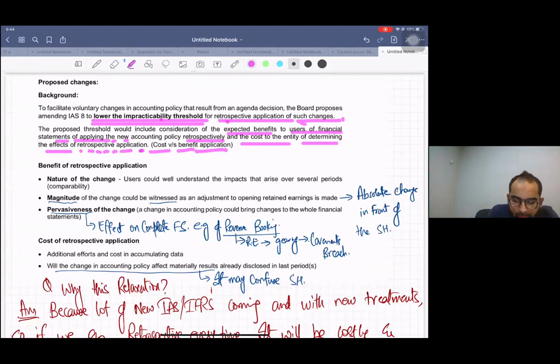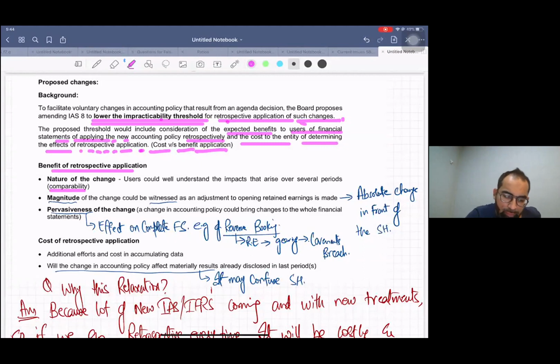The first benefit of retrospective application is obviously comparability. In short, let's save the time. Comparability. That means this year's financial statement will be comparable with last year's financial statement. It's very easy, you should grasp it.